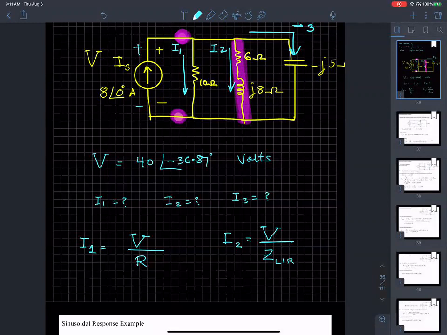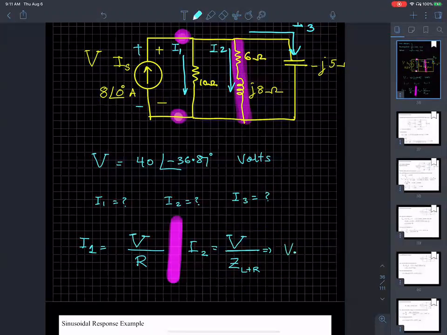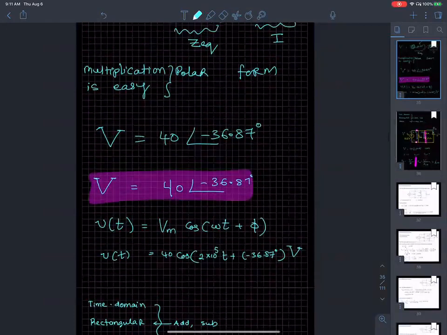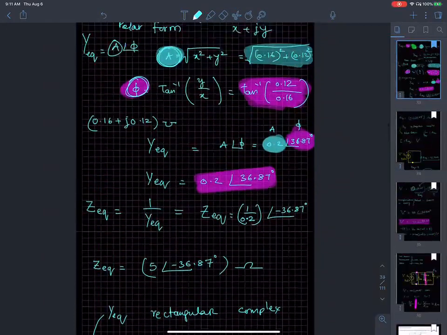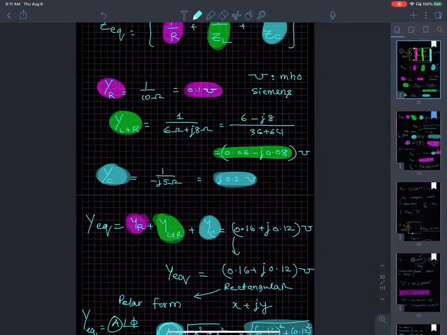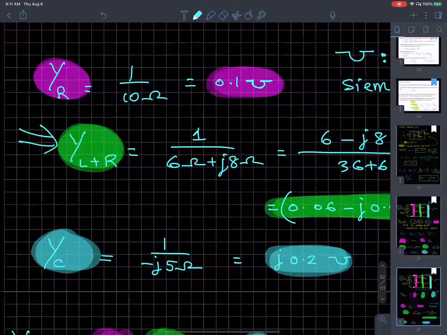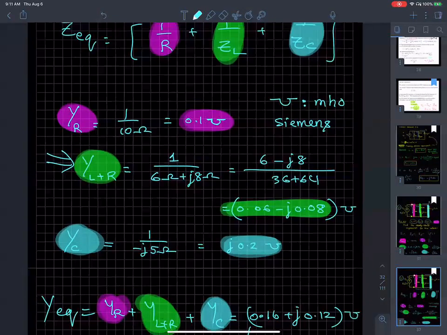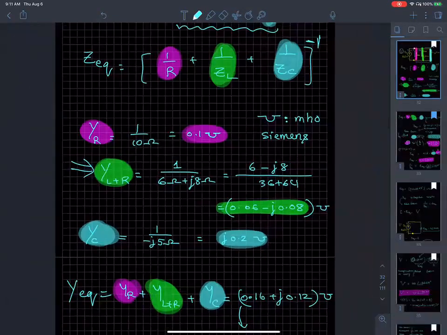The voltage divided by the impedance. Now, V times 1 over Z L plus R is Y L plus R. Remember, we calculated that math already. We found its value, right? So that's what we are going to stick to.